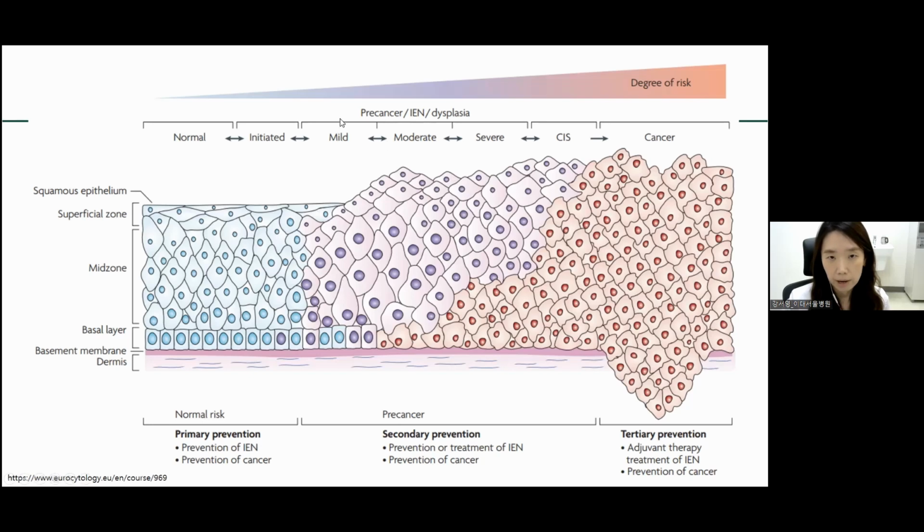Here the mild dysplasia corresponds to CIN1, moderate dysplasia corresponds to CIN2, and severe dysplasia means CIN3. The development of CIN involves progression from early changes, CIN1, involving the deeper layers of the epithelium, to full thickness involvement at its most severe, equating to carcinoma in situ.